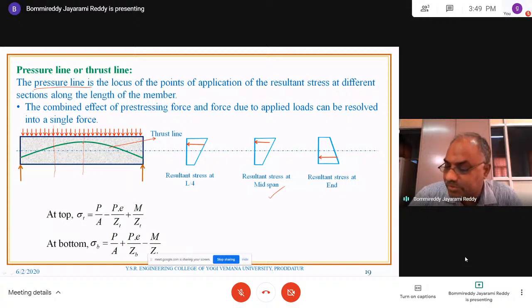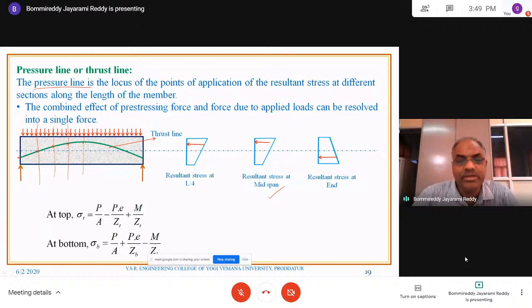So that means this is one point, it is another point, one more point, and if you put another section here, it is another point. So like that. So that means the pressure line or thrust line is the locus of the resultant of the stress diagram at different sections along the length of the member.